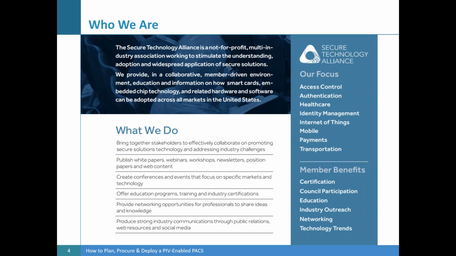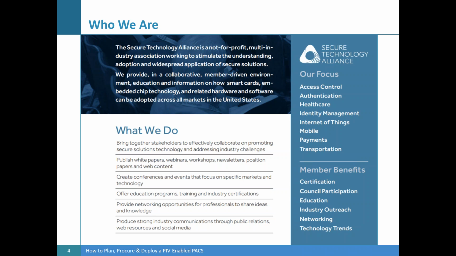That's a pretty broad mission, but in the right column you see the principal markets that we focus on, including access control, which is the subject of today's webinar, also authentication, healthcare, identity management, the Internet of Things, mobile payments, as well as transportation.